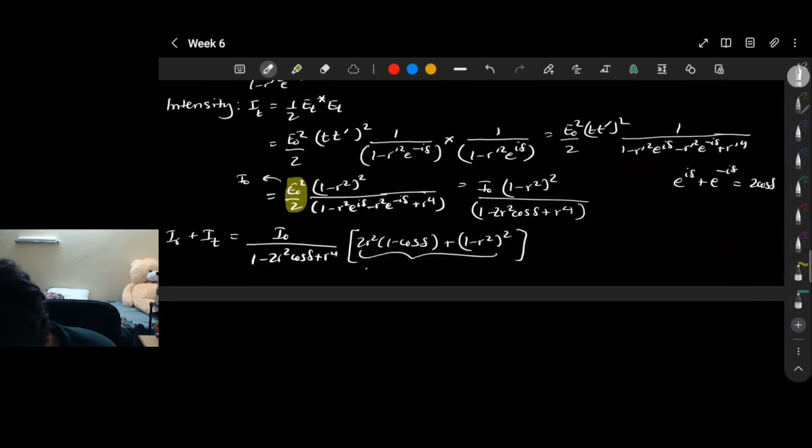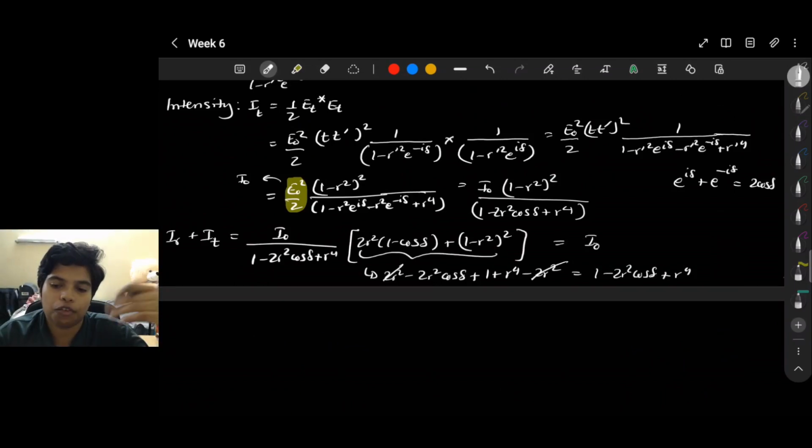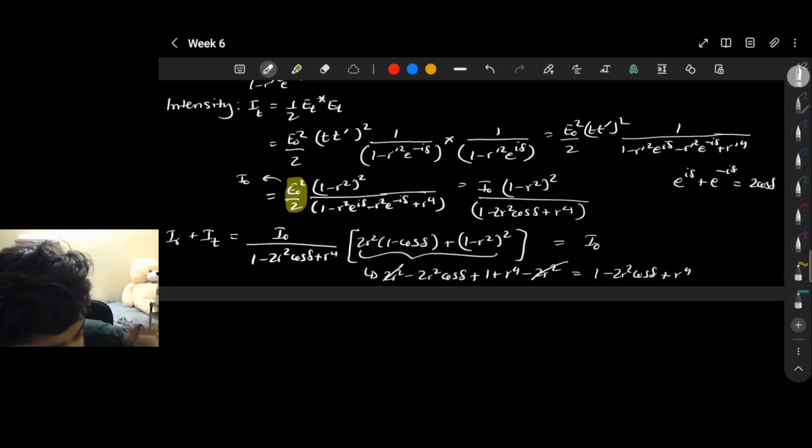If I expand it out, this gives me 1 minus 2r squared cos delta plus r^4, and you see numerator and denominator become equal. This gives me I naught, which it should be. From the conservation of energy, the input intensity should be the sum of the reflected and the transmitted intensity. So input intensity is the same as output intensity, and output consists of two parts, reflected and transmitted.